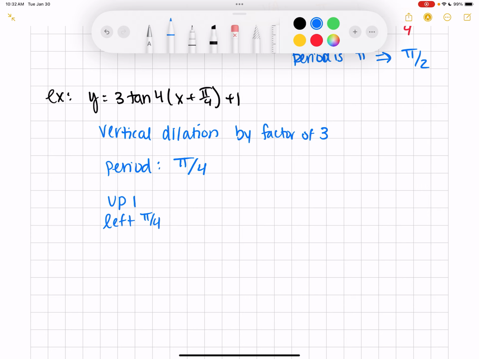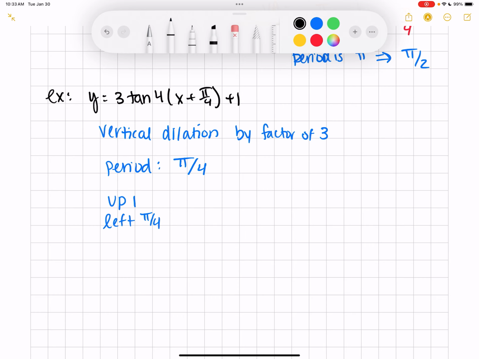All right, so let's look at some key features of each of the other trig functions, and then I will give you some tangent problems to practice, a couple to graph, and then some just to explain what's happening basically.